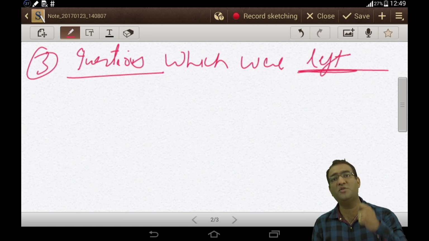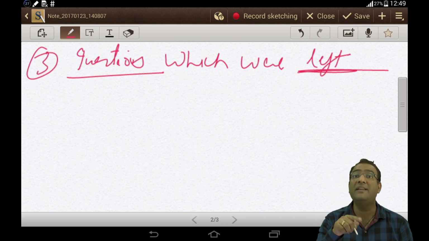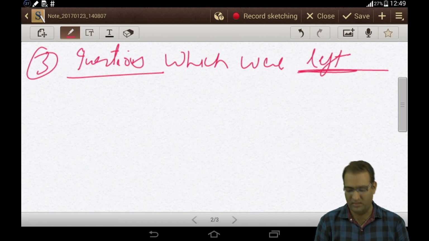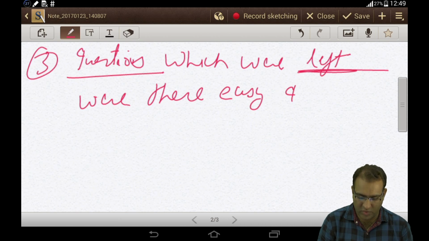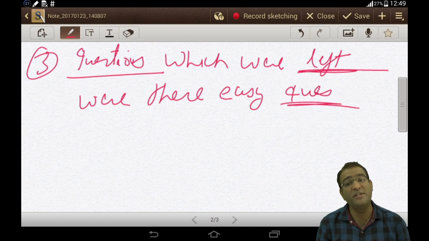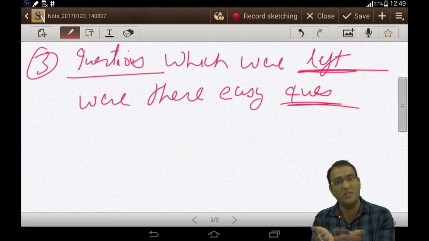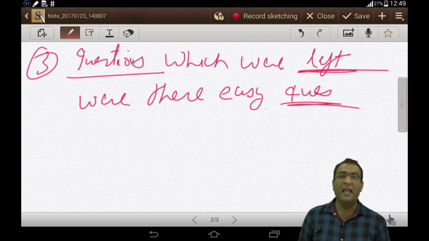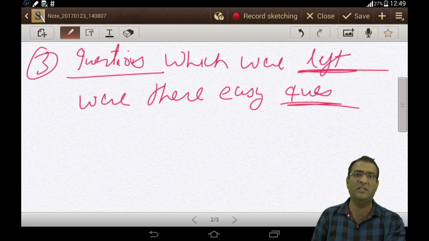Now people actually start solving the questions. Forget that, man. Find out if there were easy questions there. Were there easy questions which you missed out on? Try and read those questions, solve those questions obviously, and understand that, man, this looked difficult at that time but was actually easy.